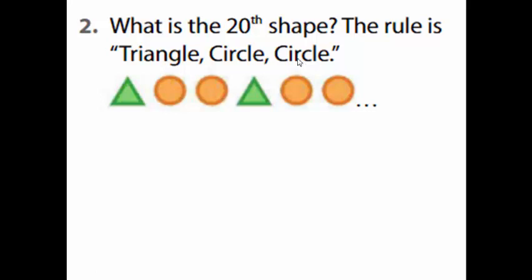So we have many methods or many ways to answer this question, but today I bring from your book 2 ways to answer. The simplest way is to repeat. You can repeat only the shapes and count. I have here triangle, circle, circle, triangle, circle, circle. You can repeat again, triangle, circle, circle, because our rule is triangle, circle, circle.